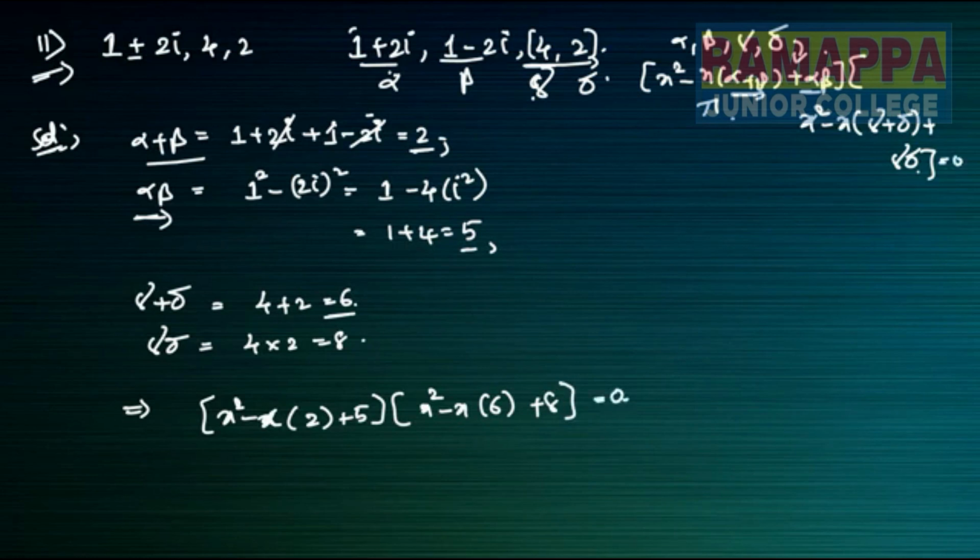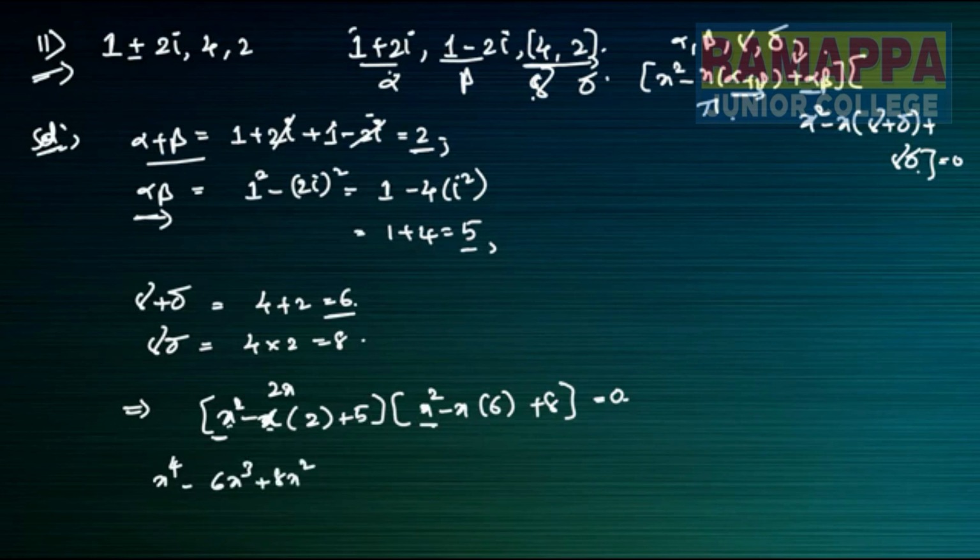Now we multiply: x square into x square is x power of 4; x square into minus 6x is minus 6x cube; x square into 8 is 8x square.